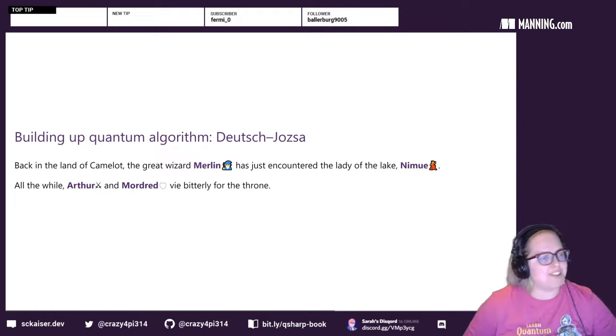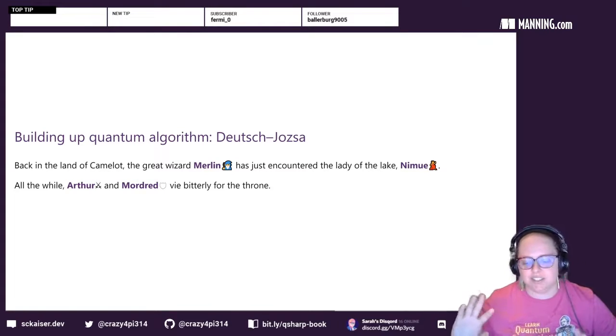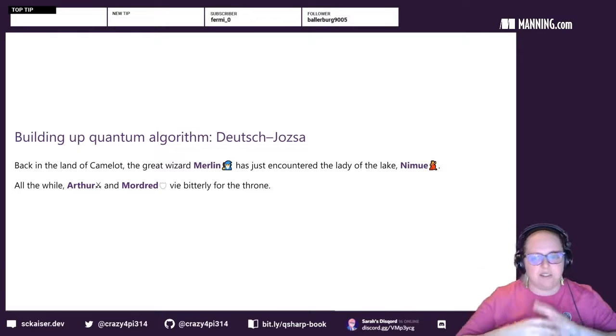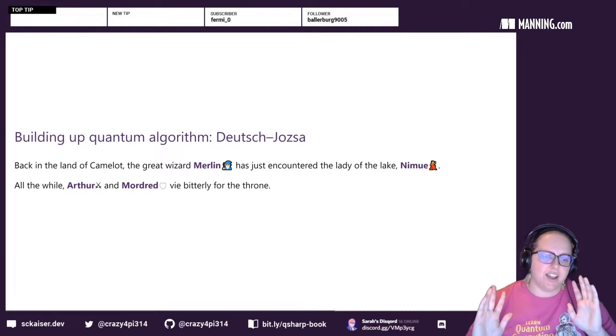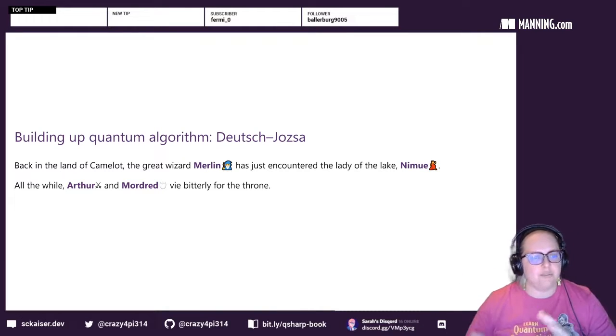Imagine Camelot. We have the Great Wizard Merlin and the Lady of the Lake Nemune. Both of these are very, very smart, lived-for-a-long-time sorts of folks, and they're trying to decide what to do about the Kingdom of Camelot.